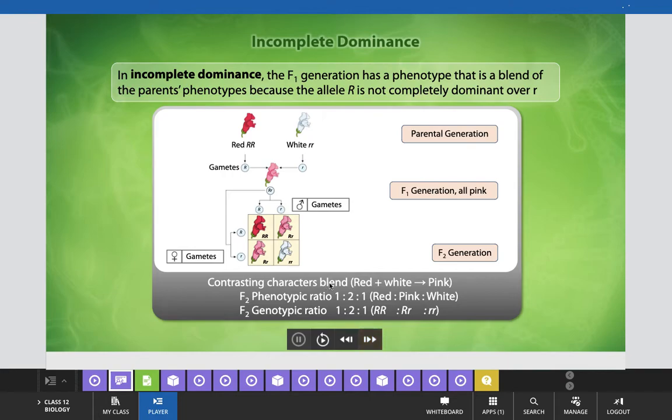Here the contrasting characters, red and white, have blended to give rise to pink. You can see how the F2 phenotype ratio deviates from Mendel's ratio of 3:1. Here the ratio is 1:2:1, like that of the genotypic ratio. But the genotypic ratio in both cases was the same.